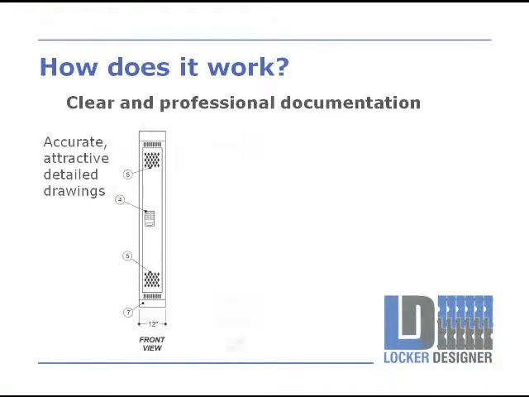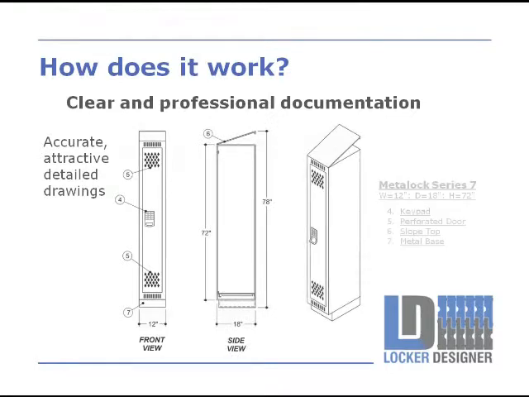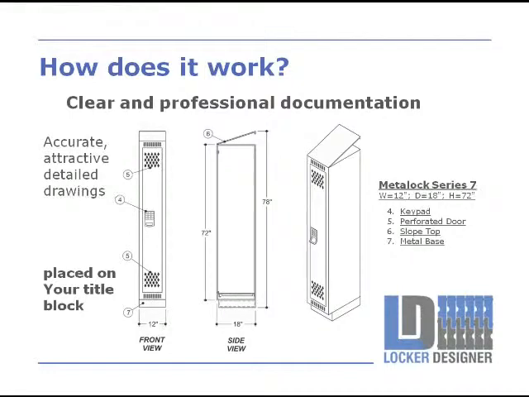Okay, we produce accurate, attractive, detailed drawings. You can see here's an example, and on the right-hand side we're giving a list of what was specifically requested and included in this.